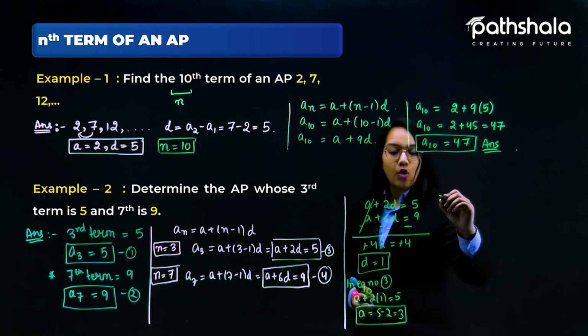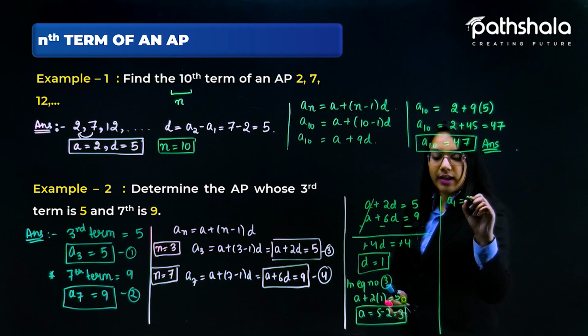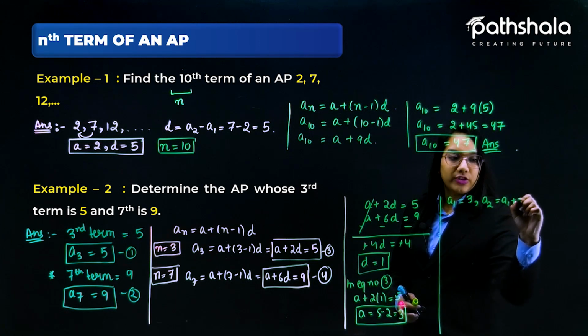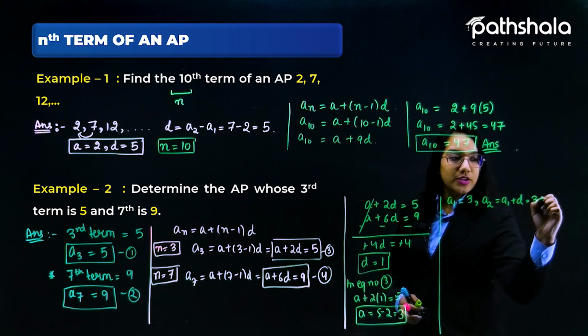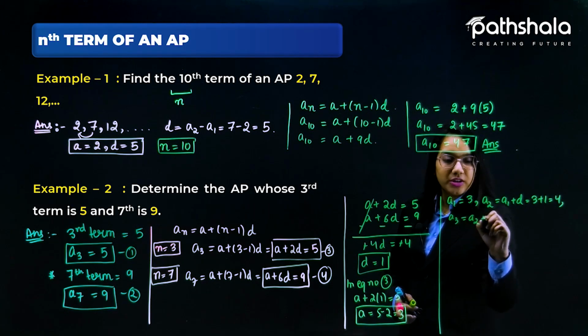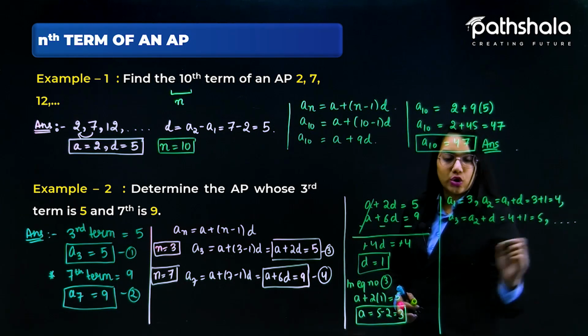So A is 3 and the common difference is 1. Let's find the terms. A1 is 3, then A2 is A1 plus D, which is 3 plus 1, equal to 4. Further, A3 is A2 plus D, which is 4 plus 1, equal to 5, and so on.